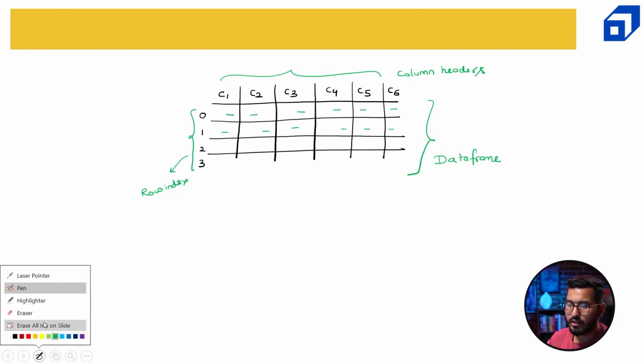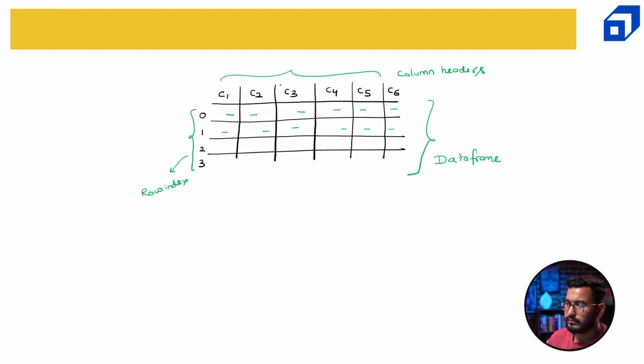While each column of this data frame is known as a series. So the combination of multiple series creates your data frame. If I extract one column out of the data frame, it would be a series.